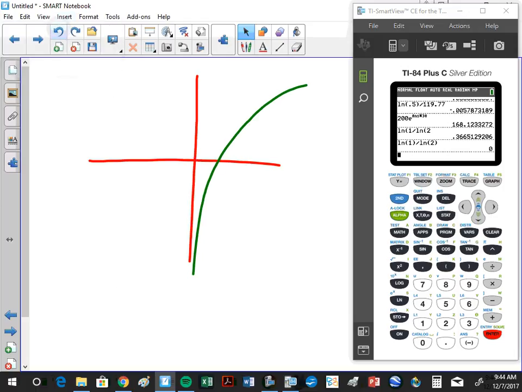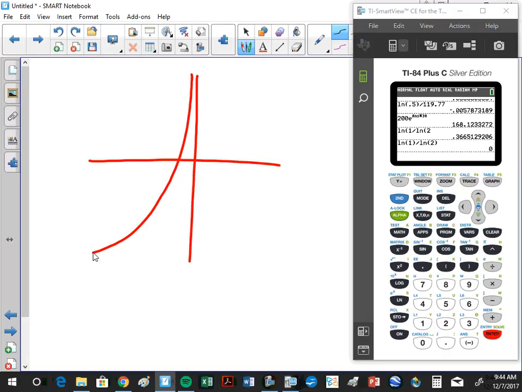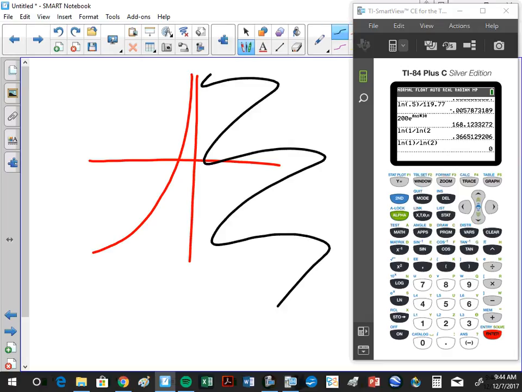So you could also have one that looks something like this, in which case all of this is not part of the domain, and we already know what happens to create that, and that's when you have a negative inside a logarithm.